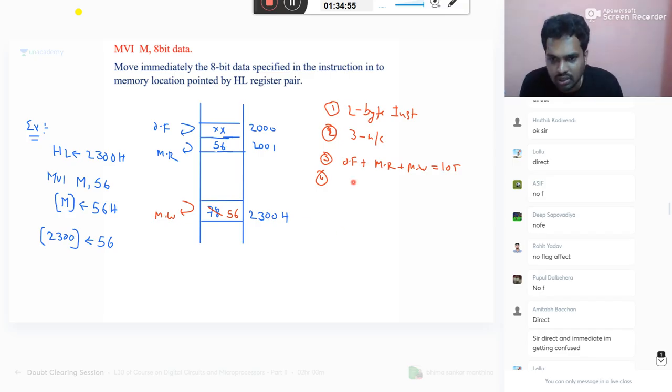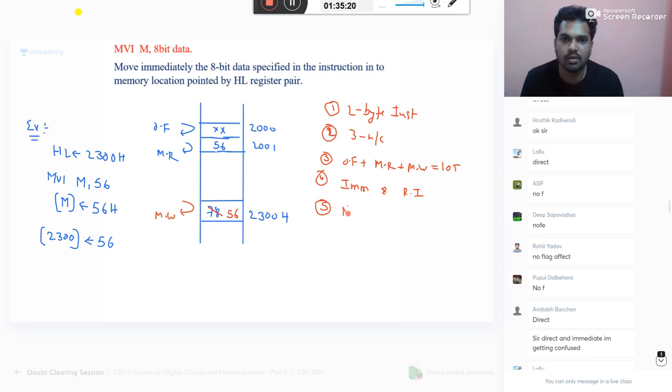So in this question, both are correct: immediate and also register indirect. You are immediately loading the 56, and internally the pointer concept is also used. HL is being used to do this job.